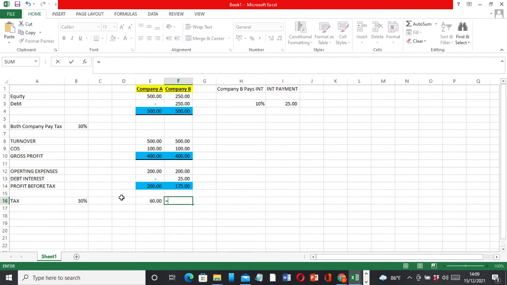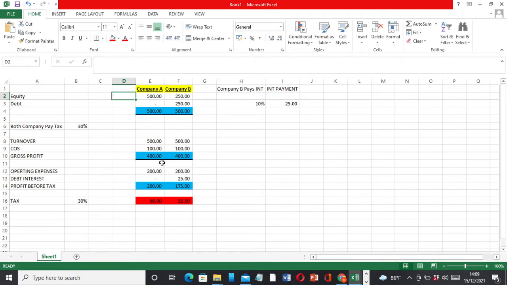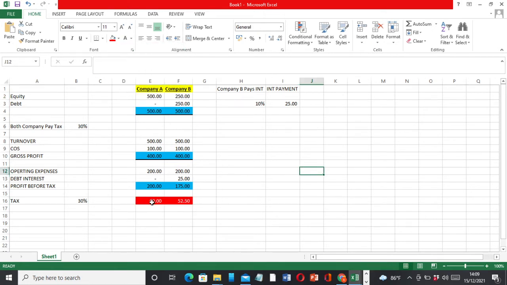Again, how much is the tax for company B? So we get 175 times 30%, right? You see here, this is very important to notice, right? Let me put the tax in red color. This is the tax, in white font.